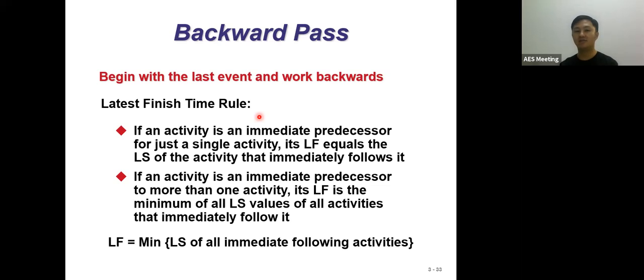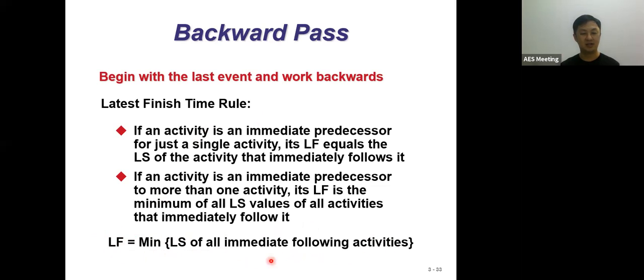If the activity has more than one immediate following activity, then our LF will be the minimum of all the LS values of the activities immediately following it. You can see the formula given here: LF equals the minimum LS for all immediate following activities.